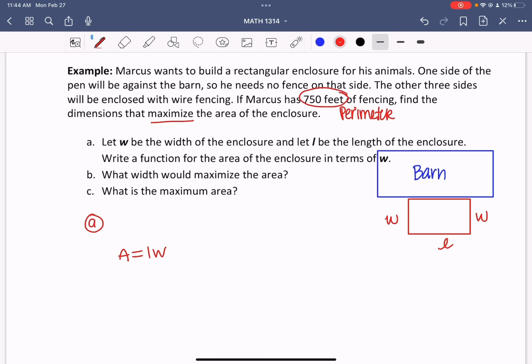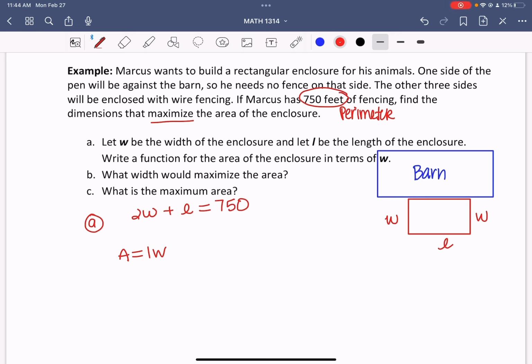So going back to that 750 feet perimeter, we're going to say, okay, well, twice the width plus the length should be a total of 750, because I am just adding up these 3 sides in order to build my fence.